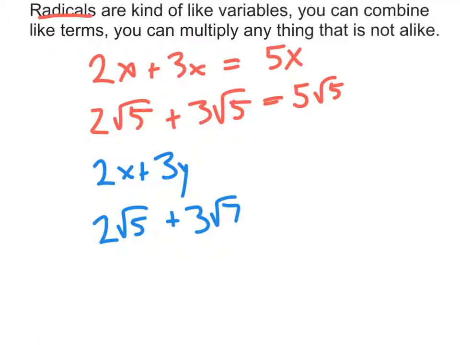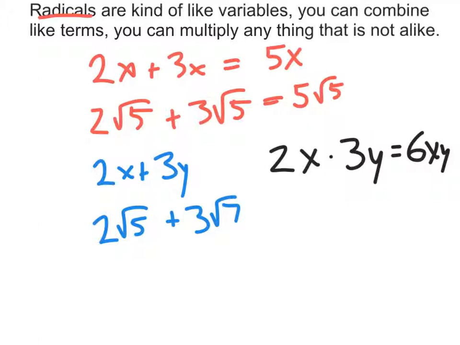What else? Let's say I did have a 2x times a 3y. Could we multiply those? Heck yeah. It would be 6xy. Okay? So you could actually multiply variables that aren't alike. So that means that you could also do the same with radicals. 2 square root of 5 times 3 square root of 7. You could actually multiply them together.